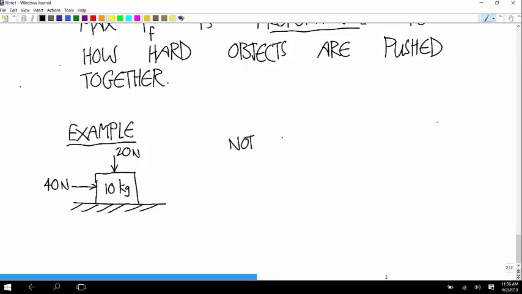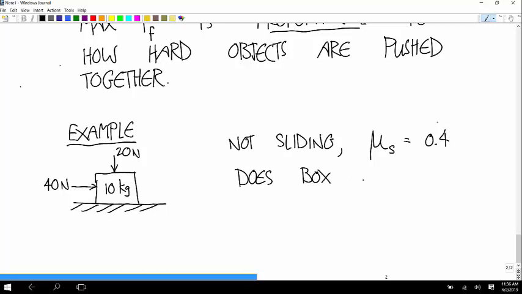At this instant, it's not sliding. And whatever the materials are that the bottom of the box and the surface are made out of, the coefficient of static friction is equal to 0.4. It's almost always between 0 and 1. There are some materials with greater values than 1. Does the box start to slide?